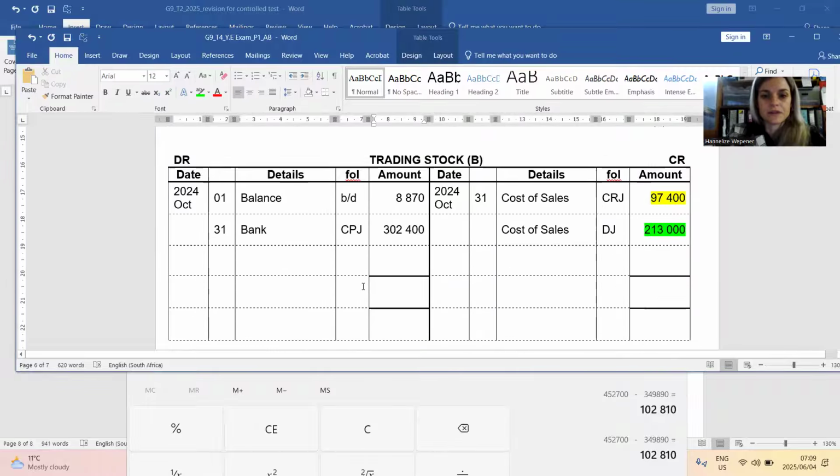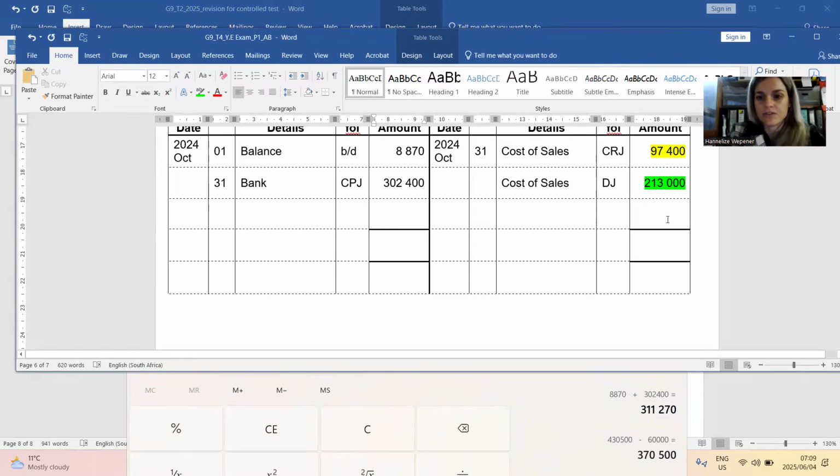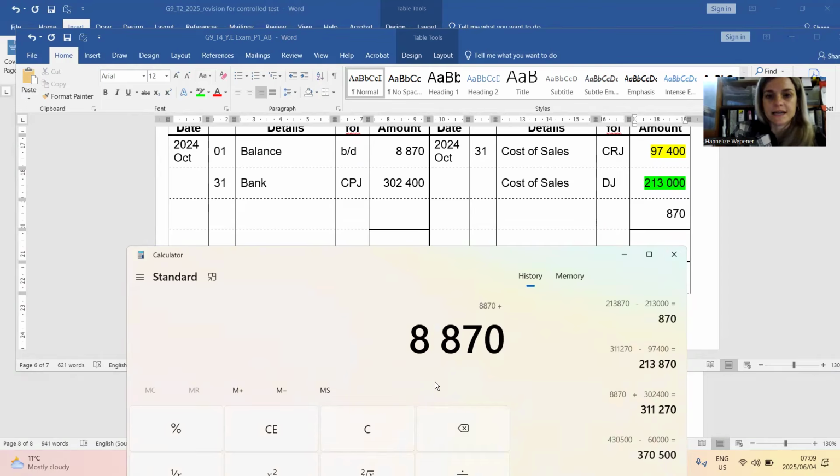Okay, same with our trading stock. So starting with the debit side, that is more than what we currently have on the credit side. We can double check minus the credit side. Yes. So we have 870 Rand difference there. So I'm adding the debit side.